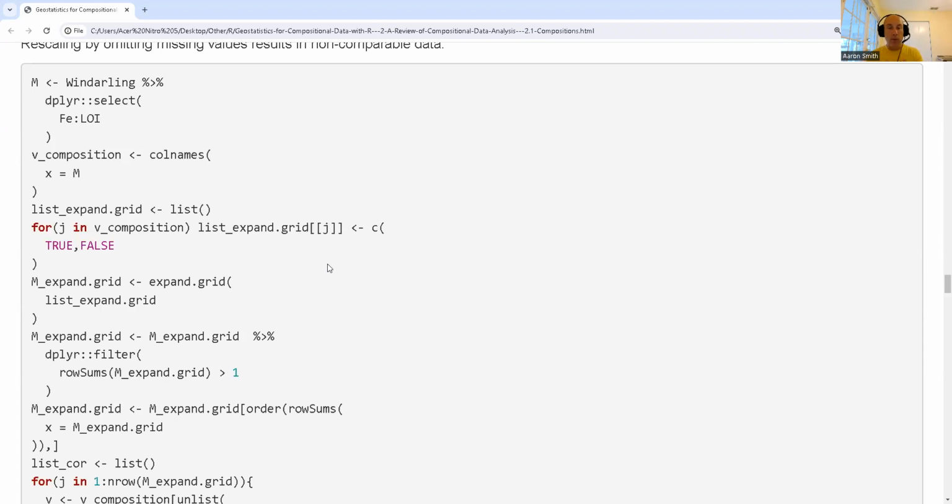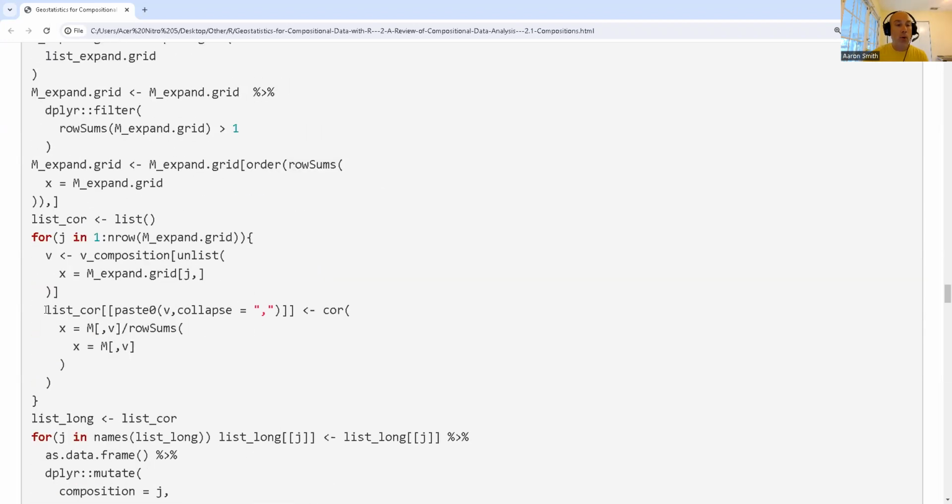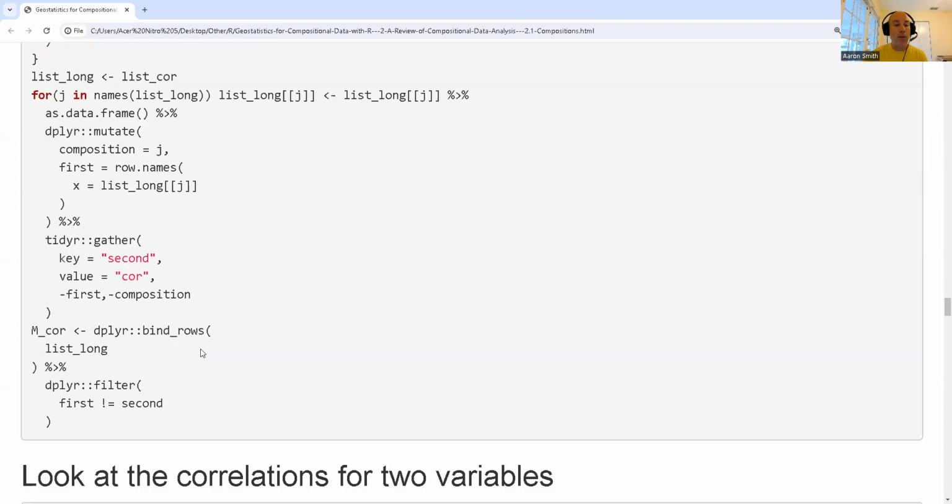So on each one of these, I'm going to go with every possible composition subset I possibly could, and then I'm going to compute all the correlations with that data after I rescale. And then I'm going to look at all the different correlations. This code is just running through and computing all those correlations, and I'm storing everything in nice lists, and everything's pretty clean.